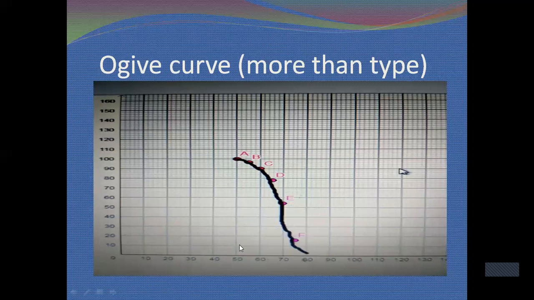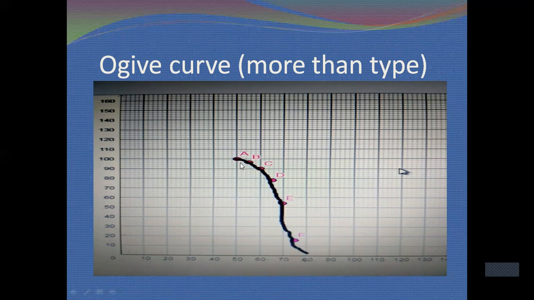So you see here the points now: 50, 100, 55, 98, then 60, 90, and then 65, 78, then 70, 54, and then 75, 16.